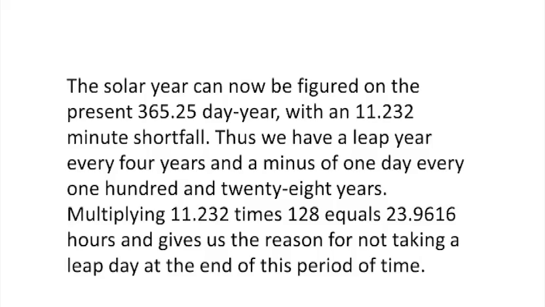We understand that. And we should have a minus 1 day every 128 years because we've been taking too much time. If we multiply 11.232 times 128, that equals 23 hours, 0.9616.